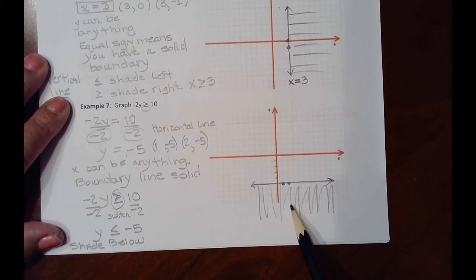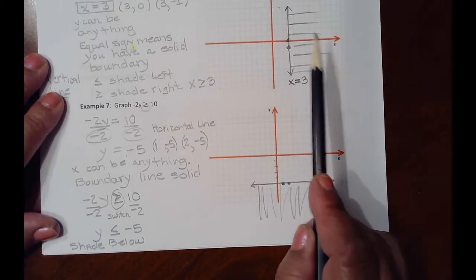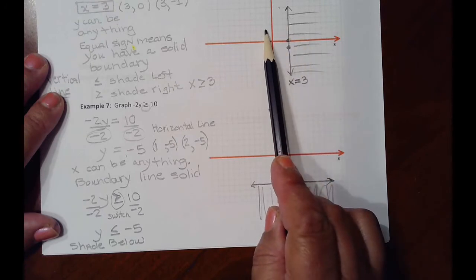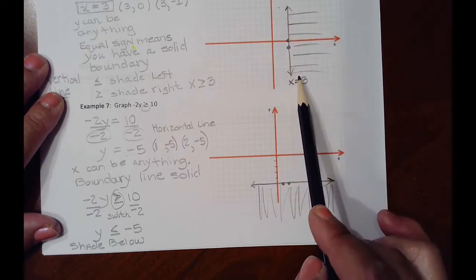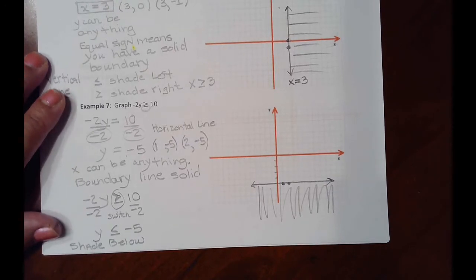Yes, as long as the point lies in the shaded area or on a solid boundary line, it is considered a solution. In this particular problem, let's say somebody said, is -1, 2 a solution? No, it is not, because it doesn't lie in the shaded area, nor does it lie on the boundary line. So you should understand how to read your graph.